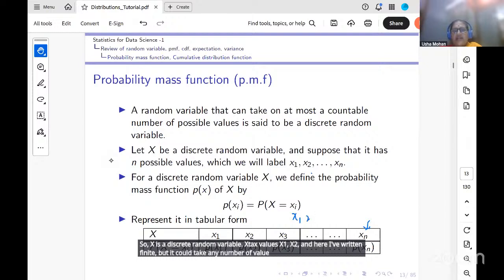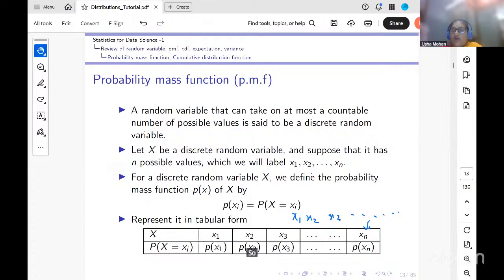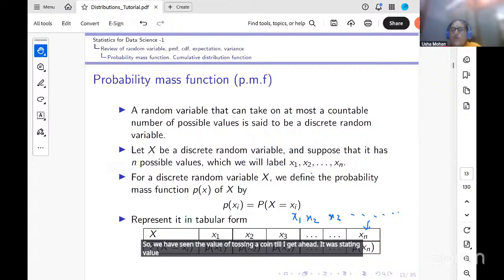I can write it as x1, x2, x3. We have seen tossing a coin till I get a head. It was taking values 1, 2, 3. It kept taking values, but it is countable. The probability mass function lists in tabular form the values X takes along with the probability of each.